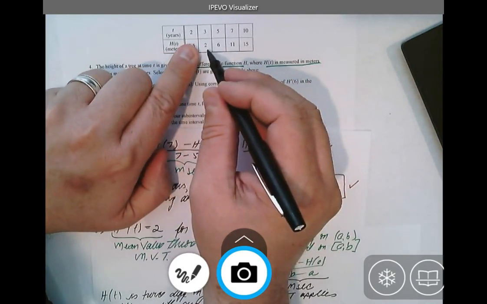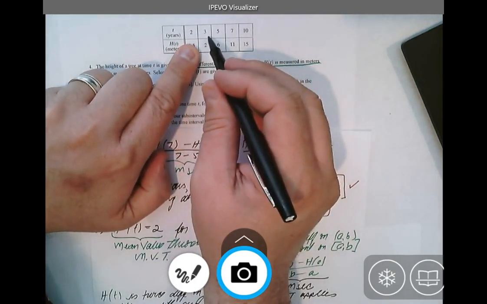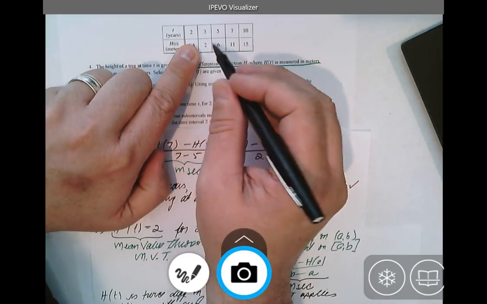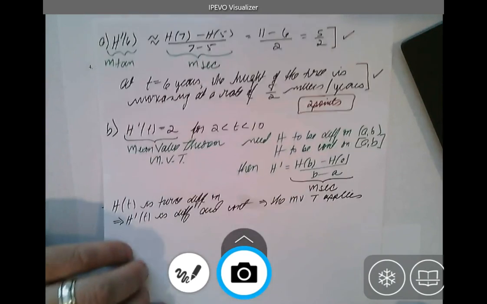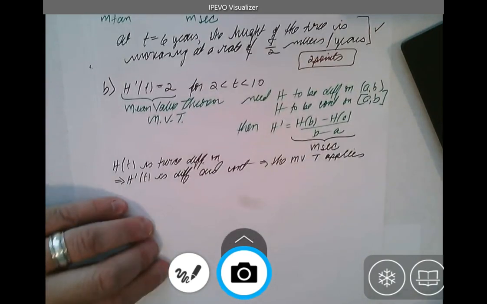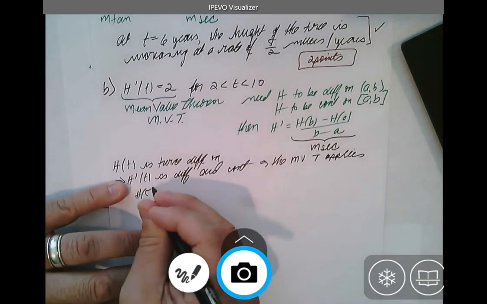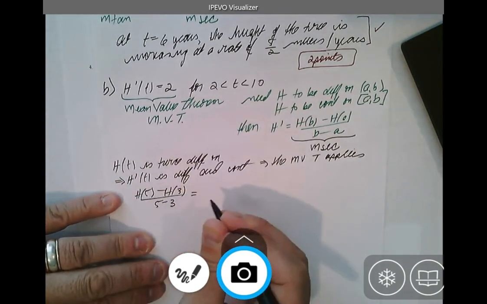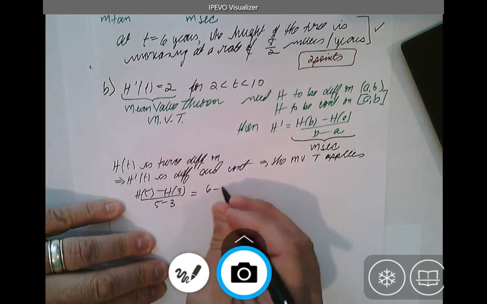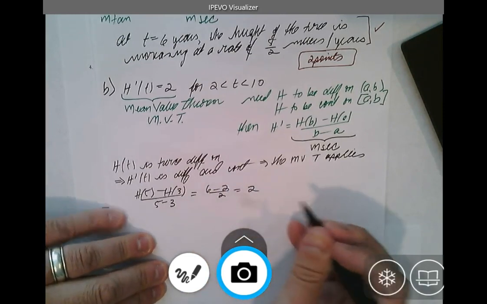6 minus 2 is 4. 5 minus 3 is 2. 4 divided by 2 is 2. That's the interval. So the way I would write that is I would say h of 5 minus h of 3 divided by 5 minus 3 is equal to 6 minus 2 over 2, which equals 2.